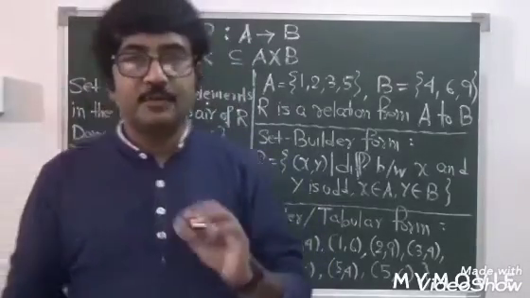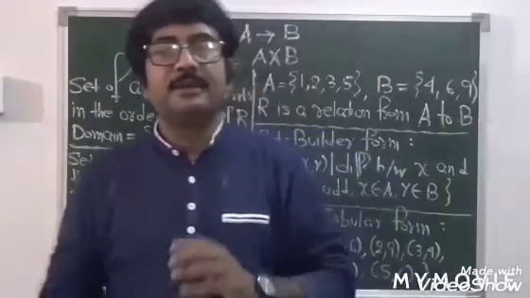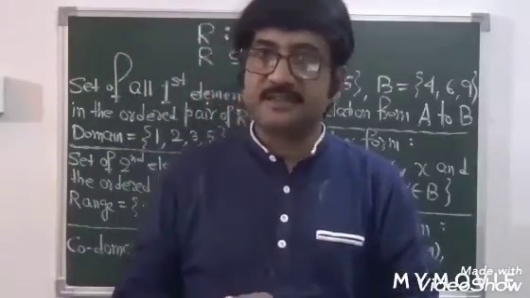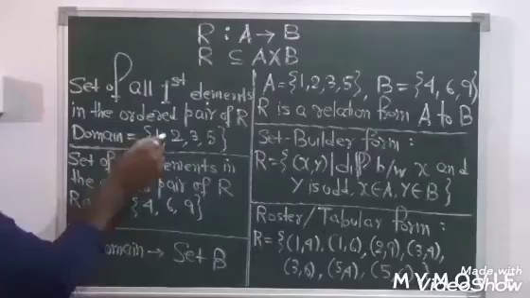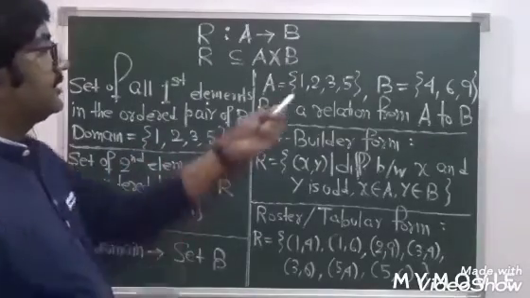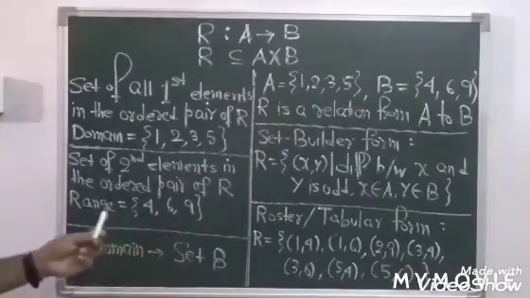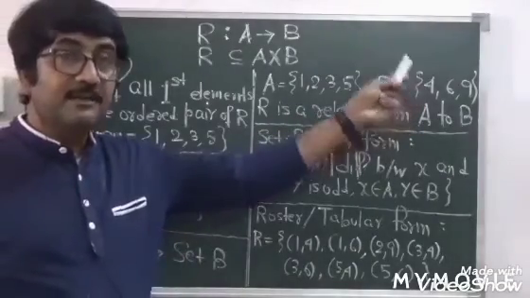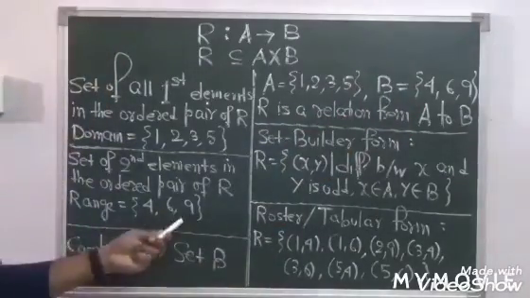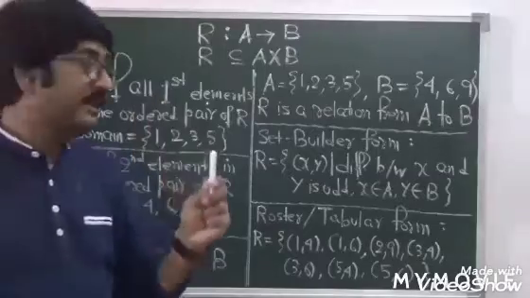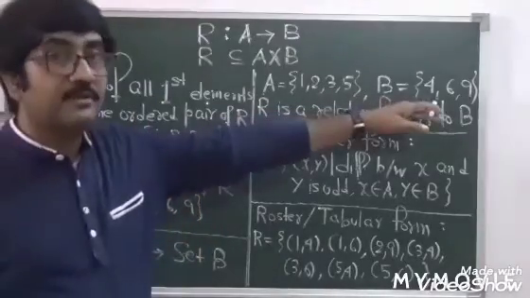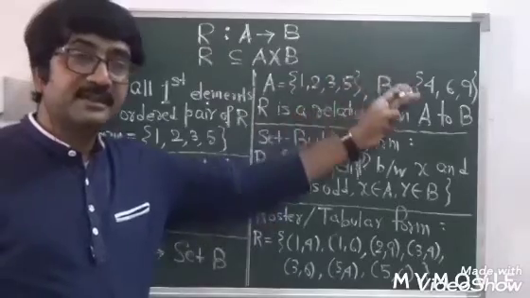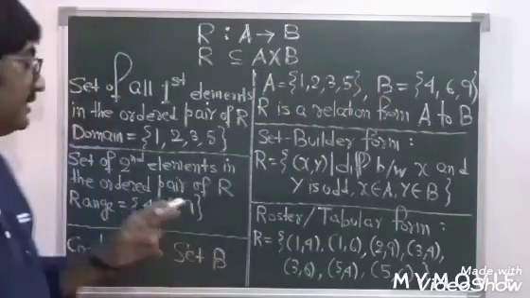Also note that the domain of a relation from set A to set B is a subset of set A. The domain {1, 2, 3, 5} is a subset of set A, and the range {4, 6, 9} is a subset of set B, because, as we have said, there might be some elements of set B which are not connected to any element of set A, and those elements of set B will not be a part of the range.